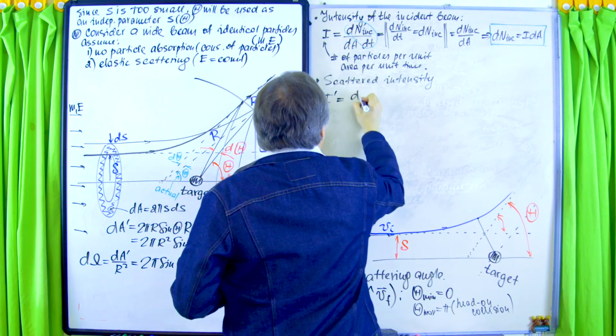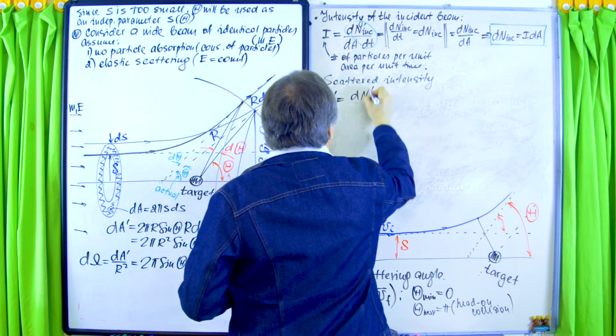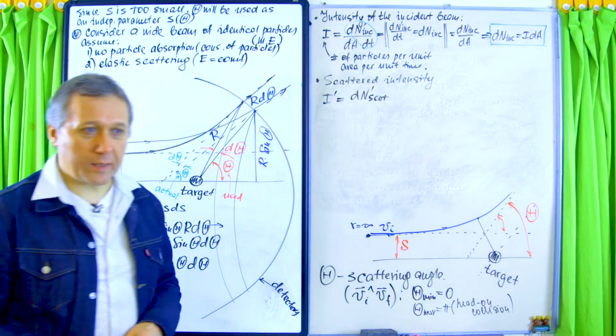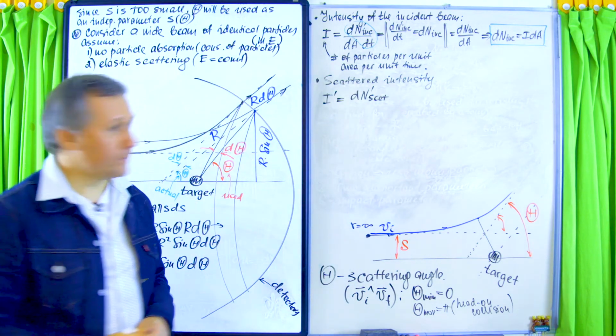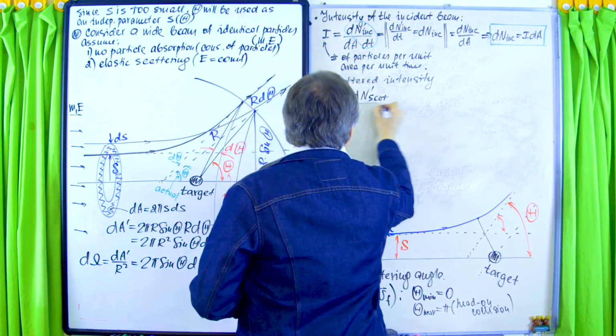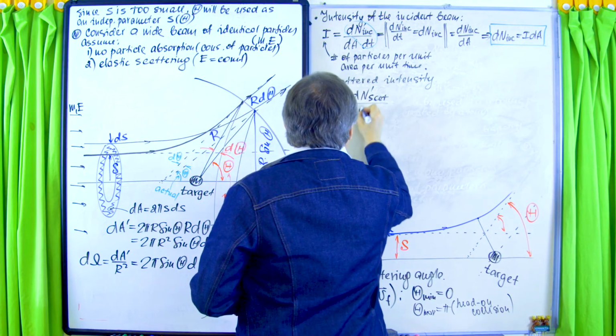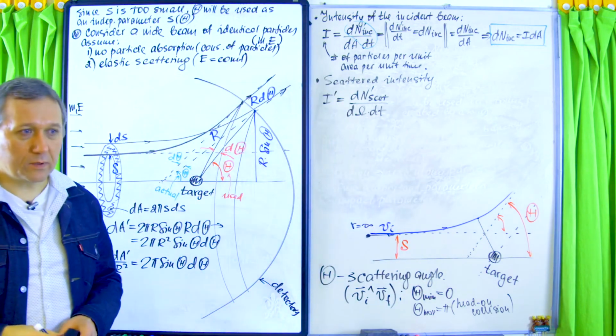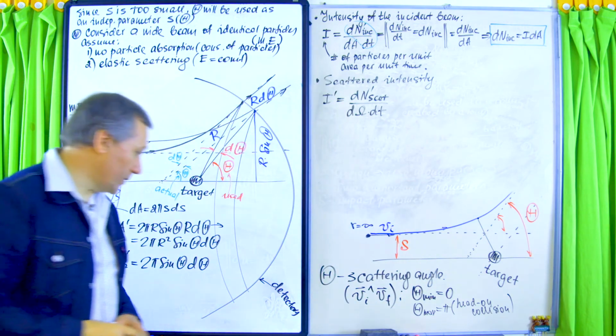So it will be number of particles, scattered particles. Again, prime, I use prime. And divided, but now by d omega and dt. So it's a number of particles per unit time in d omega, right?